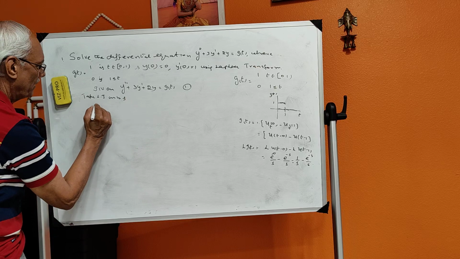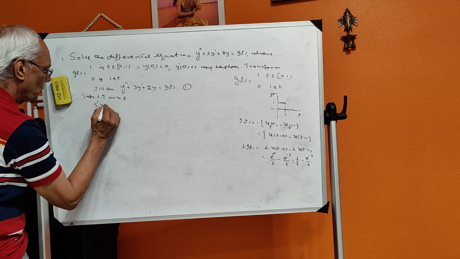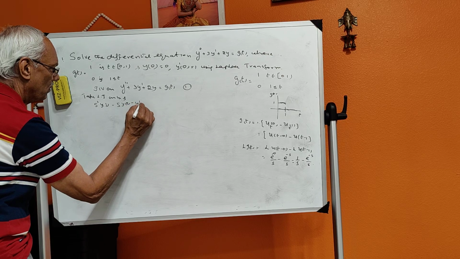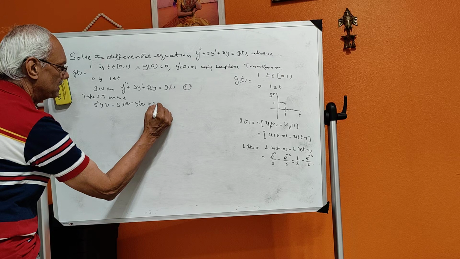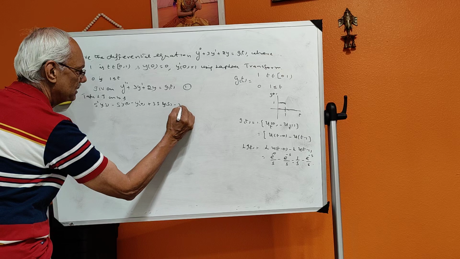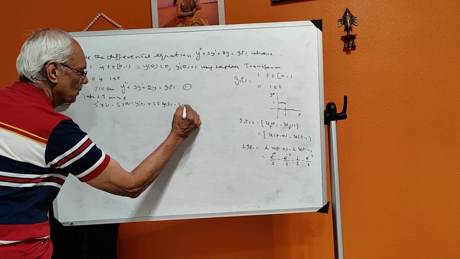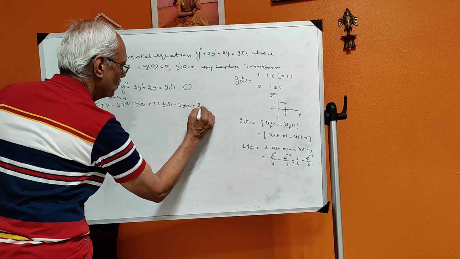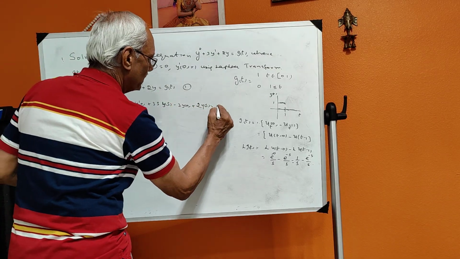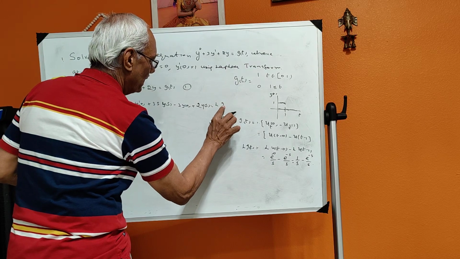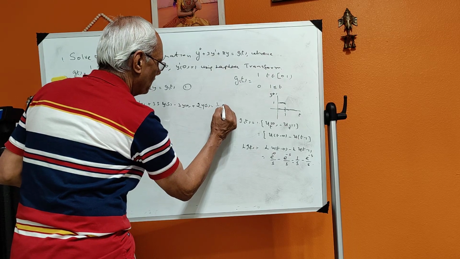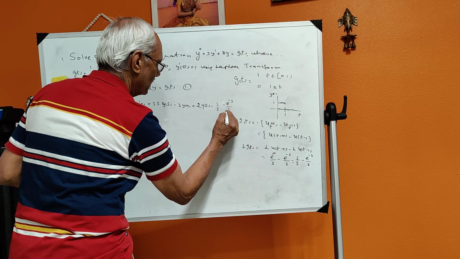You will get L of y double dash as s square Y of s minus s y of 0 minus y dash of 0, plus 3s into Y of s minus 3 y of 0, plus 2 Y of s is equal to L of g of t. And L of g of t is 1 by s minus e to the power of minus s by s.